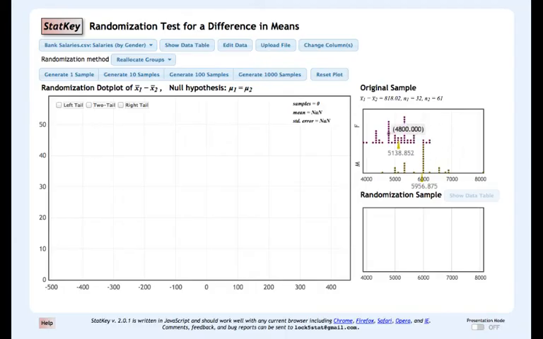The display that StatKey gives us in this particular window is side-by-side dot plots instead of side-by-side box plots. But we can also see this trend of a distribution that's primarily to the right for males from the distribution for females here.